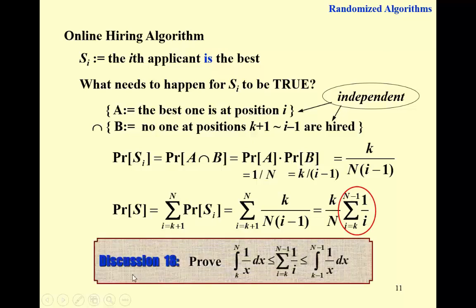Now I give it as a discussion question to prove that this sum is bounded above and below by these two definite integrals. Okay, try to prove it. Well, I'm sure you can prove it, right? As long as you know what a definite integral is all about. It's just the area under the curve, right? So it's trivial.